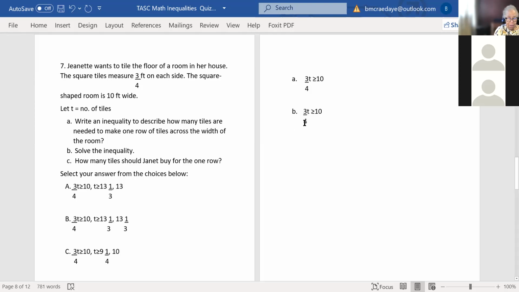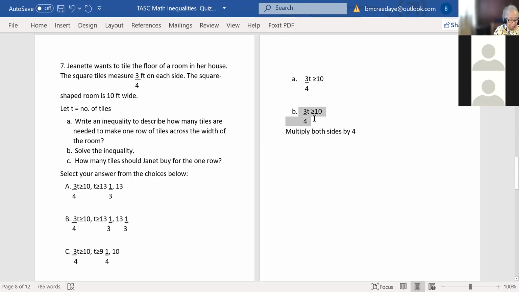That's a division right there. So what did you do? So you have to change it to multiplication. Right, you got to multiply both sides by 4, right? Then what do you get when you do that?